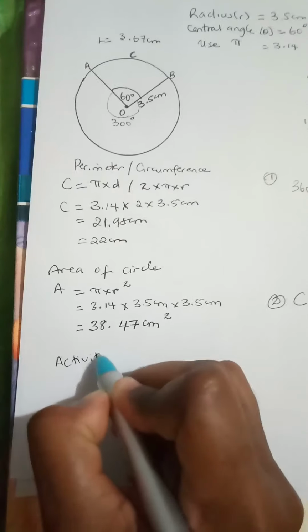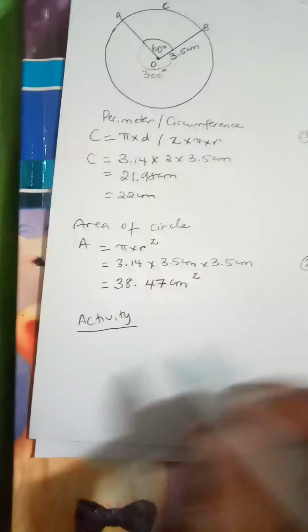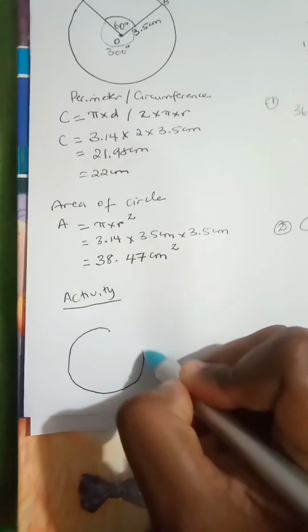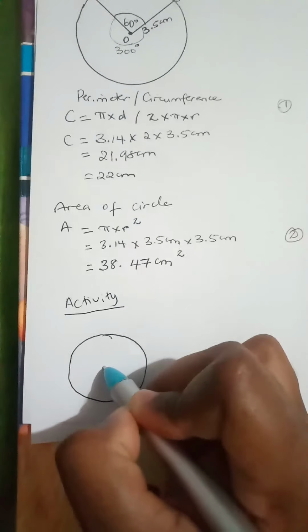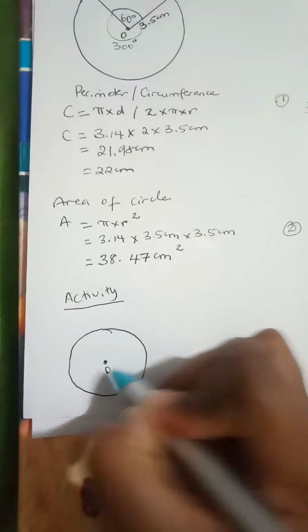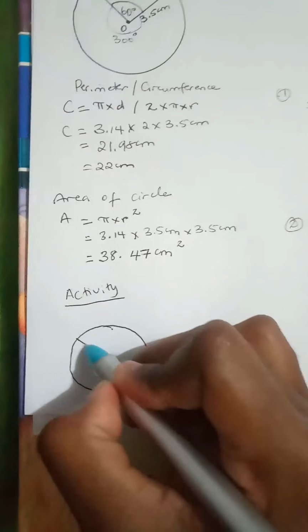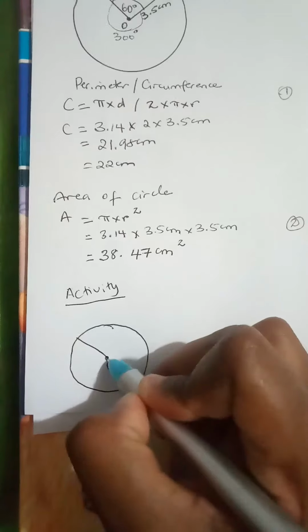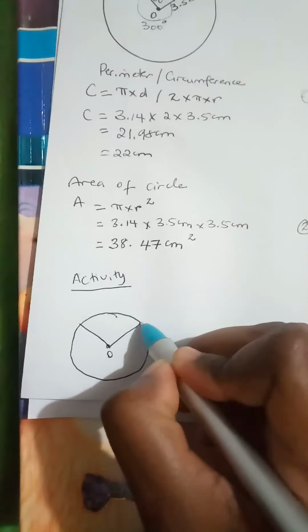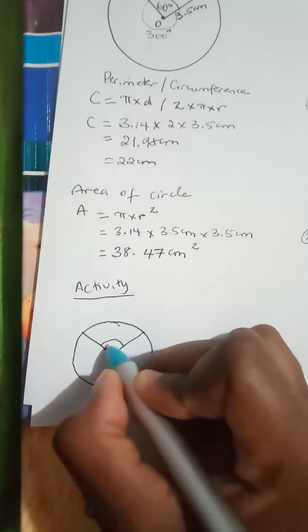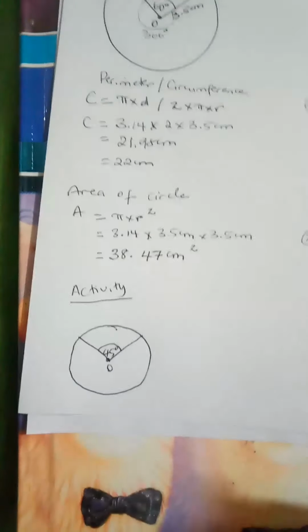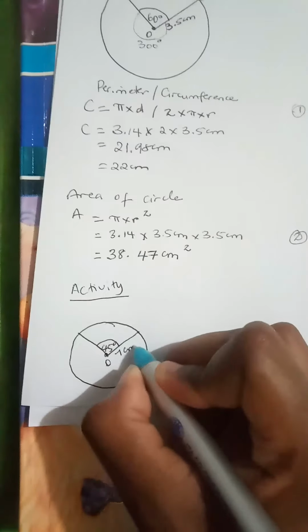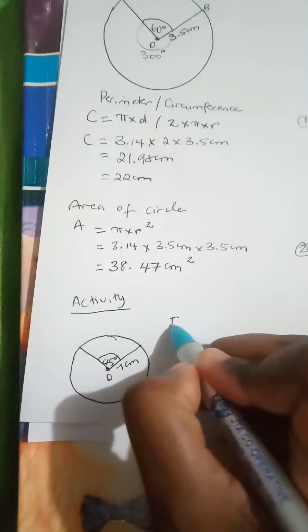All right, so quick activity. My circle isn't going to be a perfect one. We have the center highlighted by an O. Let's say this angle is 45 degrees, and the radius is 7 centimeters.